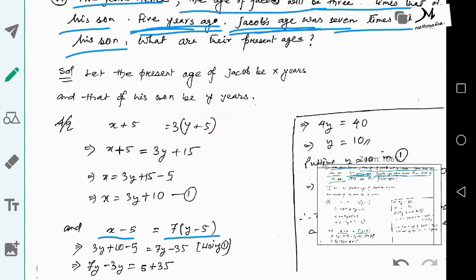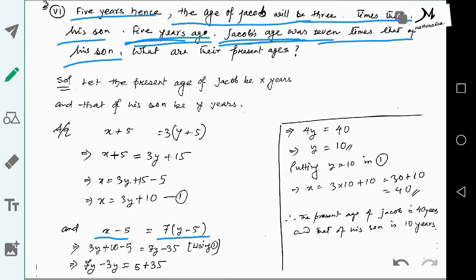Okay, and from this relation we got an equation here. What we have done is this x is replaced by the value of x. Because x is equal to thrice y plus 10 was there, so x is replaced by thrice y plus 10. This is from 1, we have written here using 1.